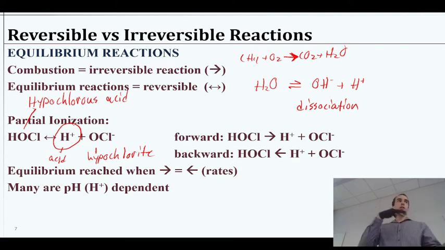So even if there's a different amount, and I'll show you a little video that demonstrates this pretty well, even if there's mostly the OCl minus and a little bit of HOCl, the rate at which they're changing is the same. So the rate of pulling off the tennis ball versus adding a tennis ball is the same, regardless of how many have the tennis ball stuck. It doesn't really matter where the balance is, it's just that we arrived at a balance.